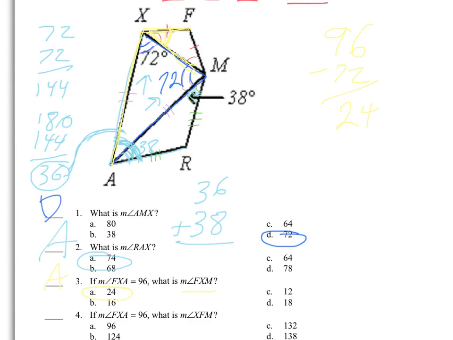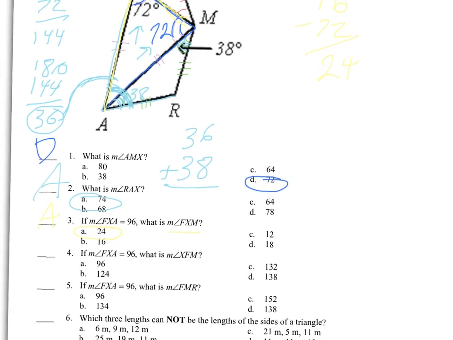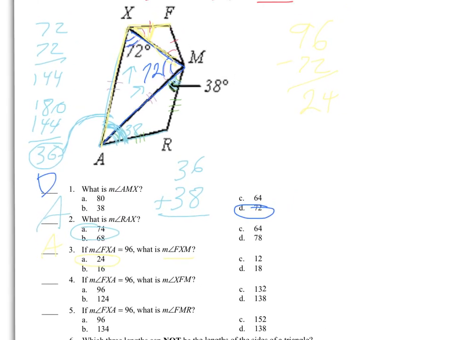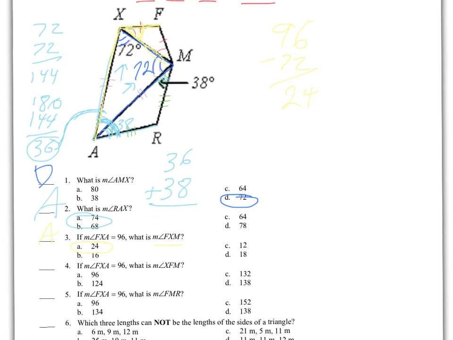Okay, looking at number 4. Same situation. Let me change the color here. What is XFM? XFM is this angle right here. We just found out that this angle in here was 24, which means this angle right here is also 24.